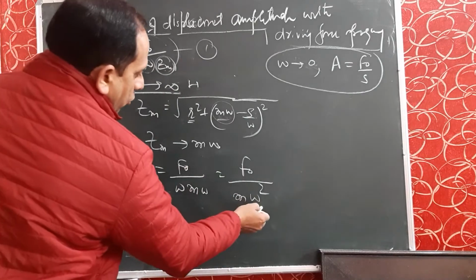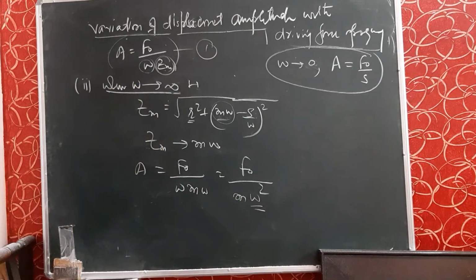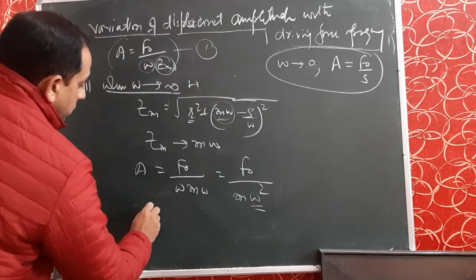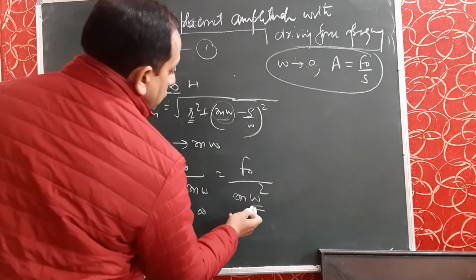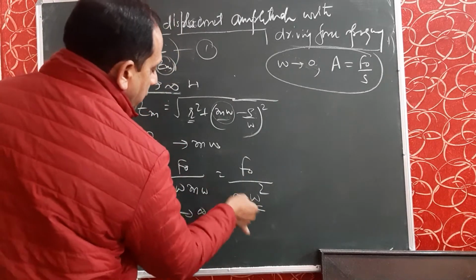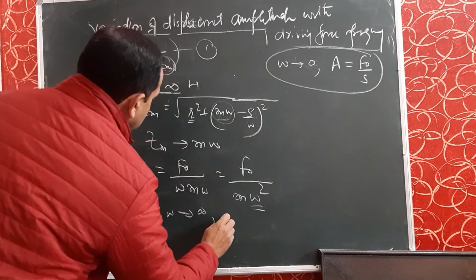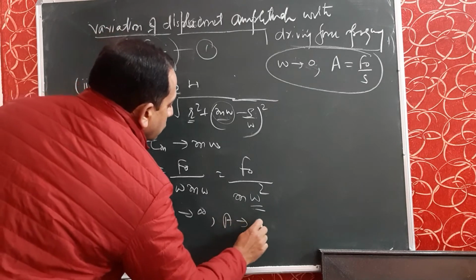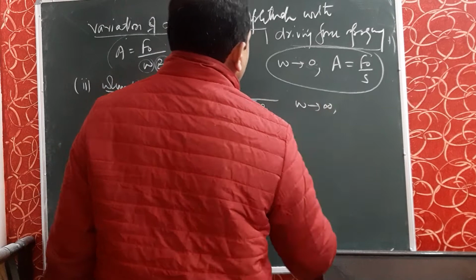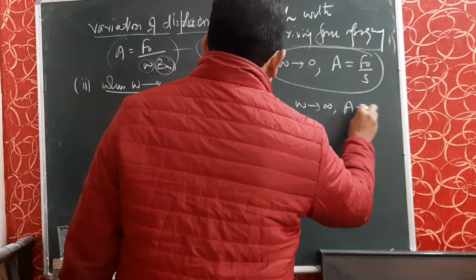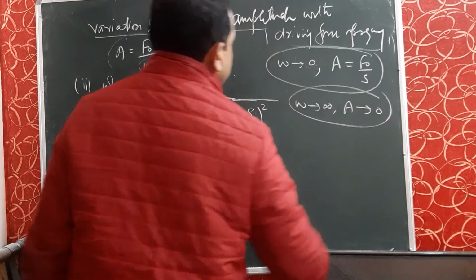Now omega is appearing in this equation, so at last we put omega tends to infinity. Something upon infinity becomes 0. It means this amplitude tends to 0. So this is the second point: when omega tends to infinity, A tends to 0.